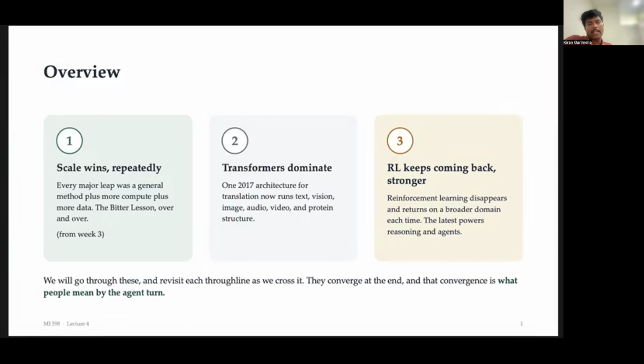So we'll come back to that and put all of these together. We'll go through each of them and revisit each through line as we cross it. Then all of these will come together to form the AI agents that we know today, and then we'll get our hands on and play with some of the agents.